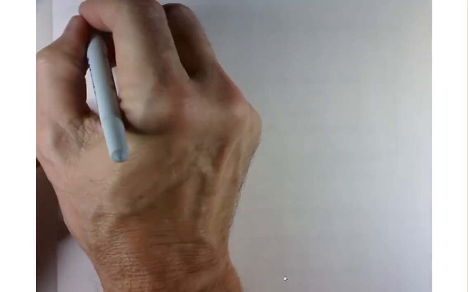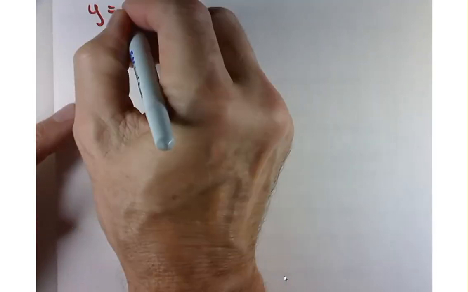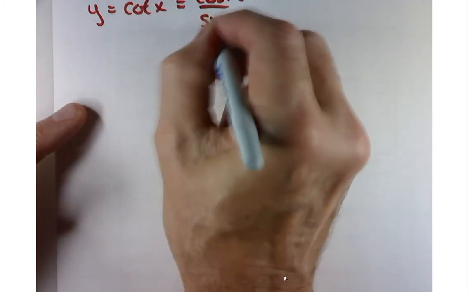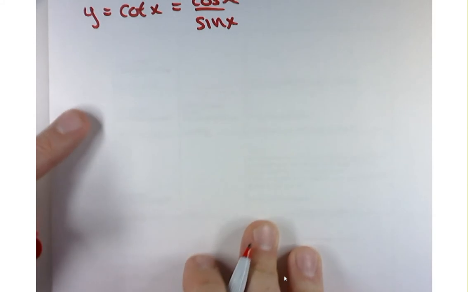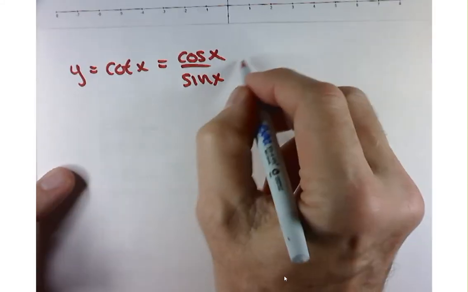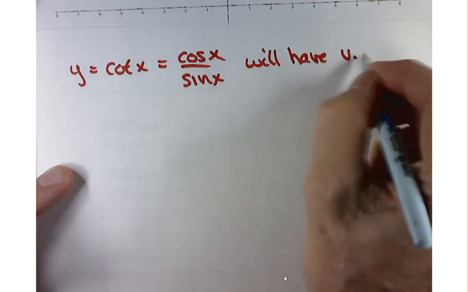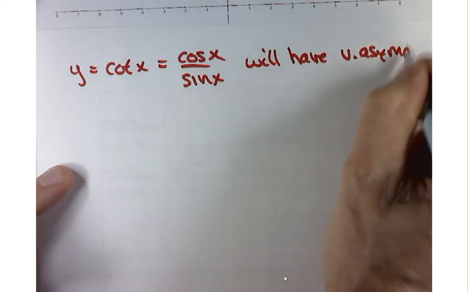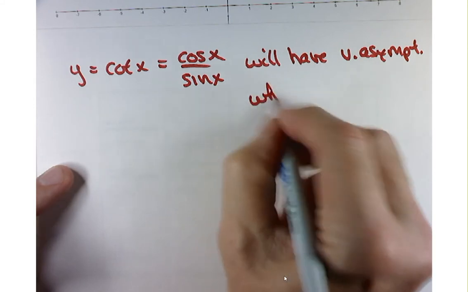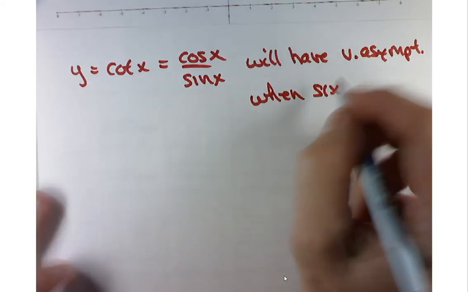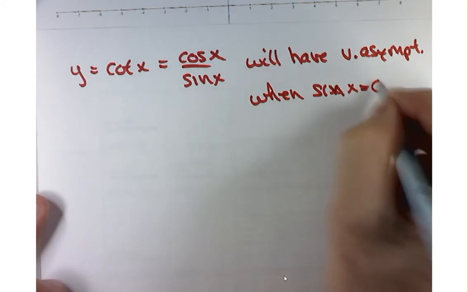So y equals cotangent of x, so that's cosine of x over sine of x. We'll have vertical asymptotes when sine of x equals 0.